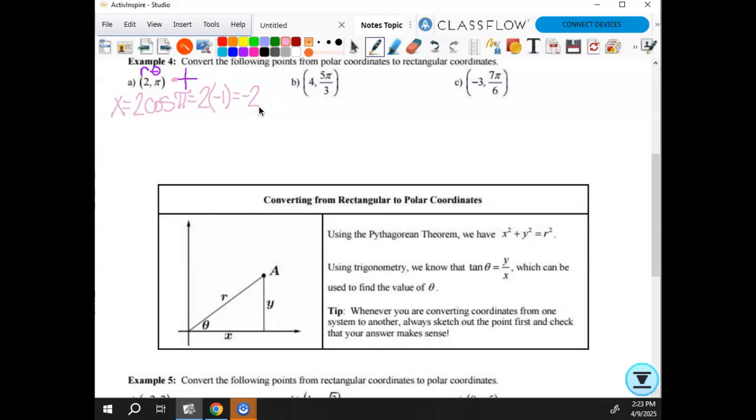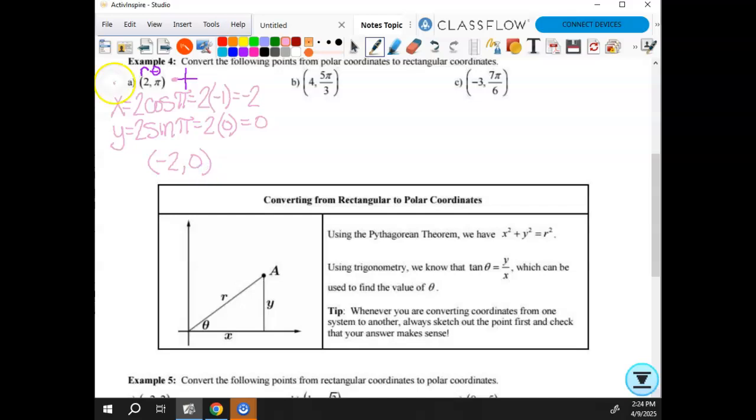Right? That's my x value. Then my y value is r sine theta. So r is 2 times sine of theta, which is pi. What is the sine of pi? 0. So this gives me 0. So that means my ordered pair is (-2, 0).